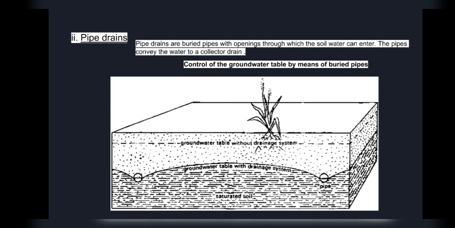The second one is pipe drains. Pipe drains are buried pipes with openings through which the soil water can enter. The pipes convey the water to a collector drain. These drain pipes are made of clay, concrete or plastic. They are usually placed in trenches by machines.